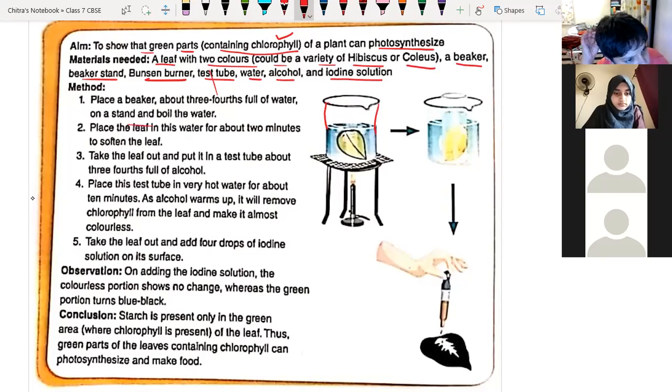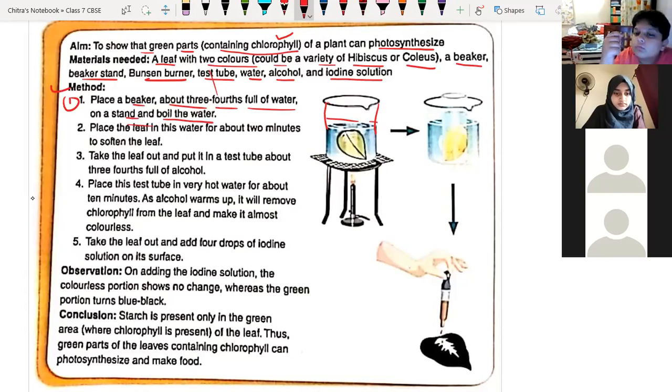So first in the method we are going to understand the first point. What is the first point? Place a beaker about 3/4 full of water on the stand and boil the water.